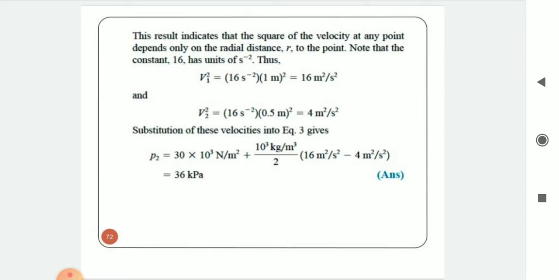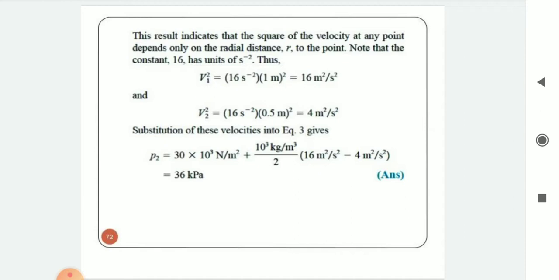Thus, V1² = 16 s⁻² (1 m)² = 16 m²/s², and V2² = 16 s⁻² (0.5 m)² = 4 m²/s².